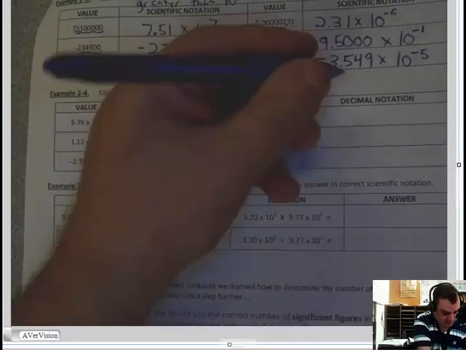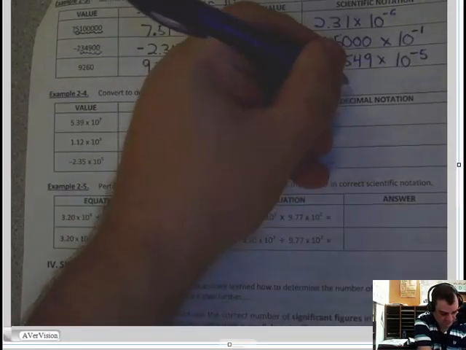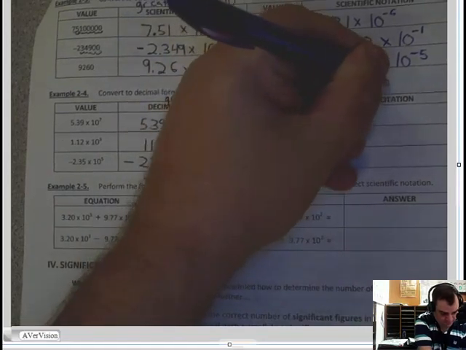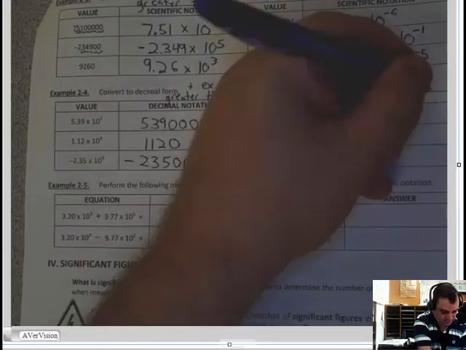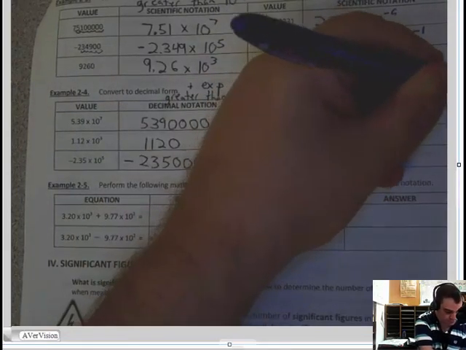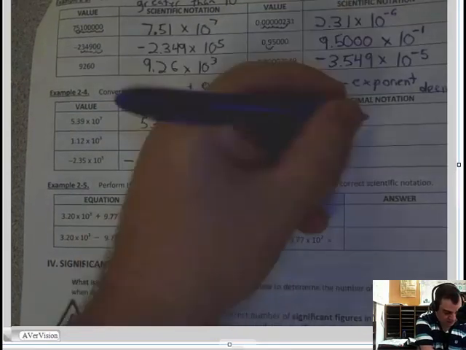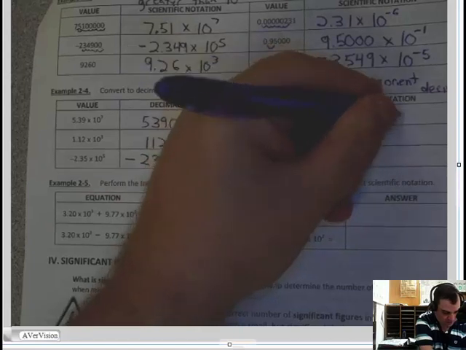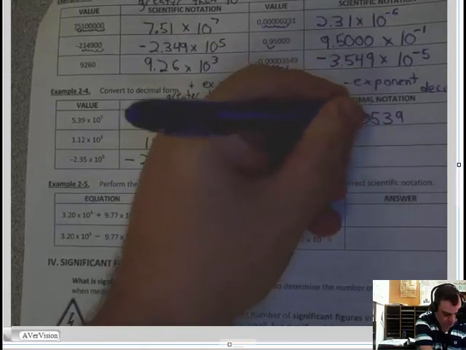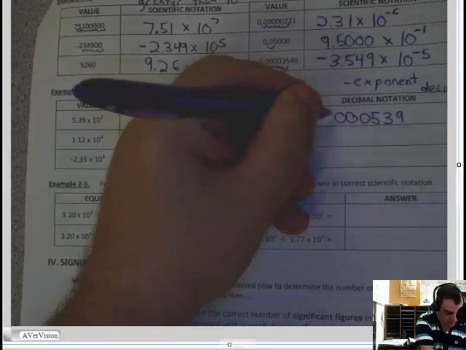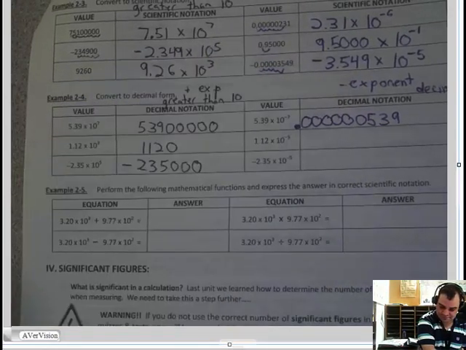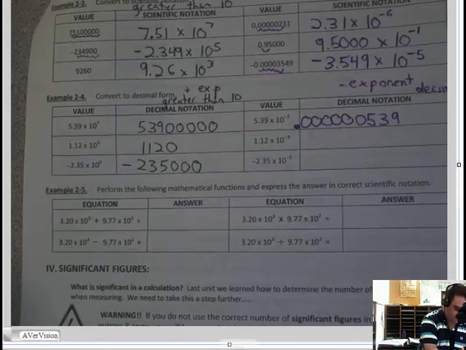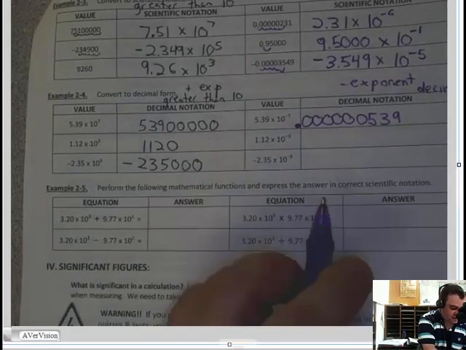Over here, the exponents are negative, so we should get decimals here. So this is 5.39, 1, 2, 3, 4, 5, 6, 7. Drop the decimal point. Okay. Cool trick I can show you here.